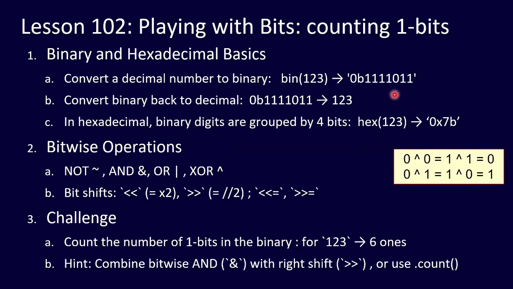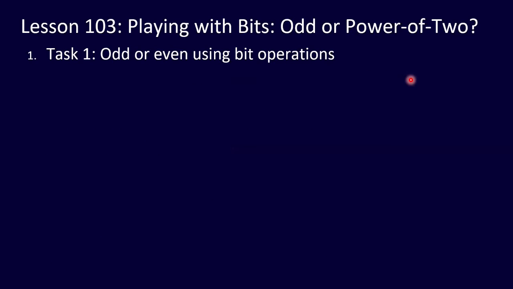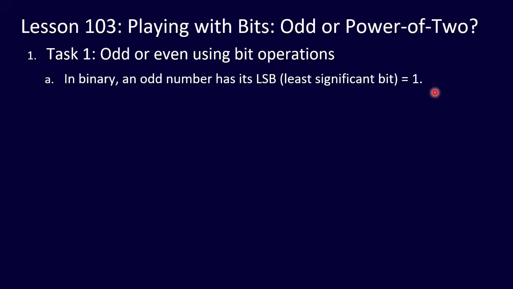For example, in this case, this one is called LSB, least significant bit. On the contrary, this one is called MSB, most significant bit. So the point is, if LSB is 1, it is odd, and if it is 0, it is even.